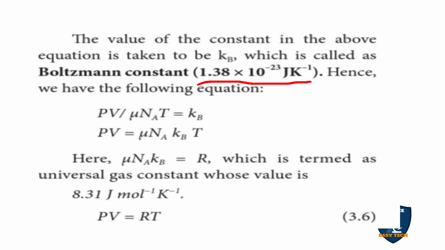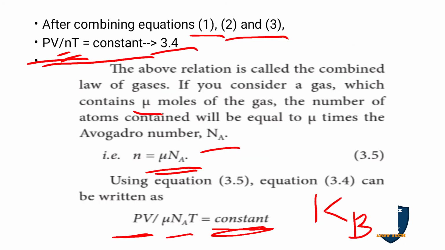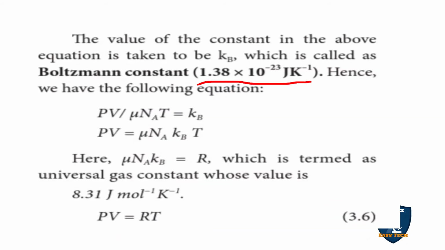Instead of writing constant, you can write Kb. So PV by mu N_A T is equal to Kb, that is PV is equal to mu N_A Kb T.